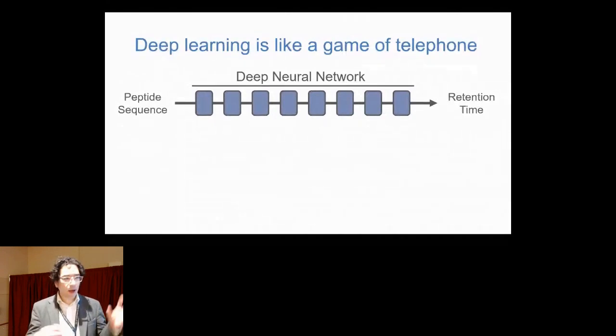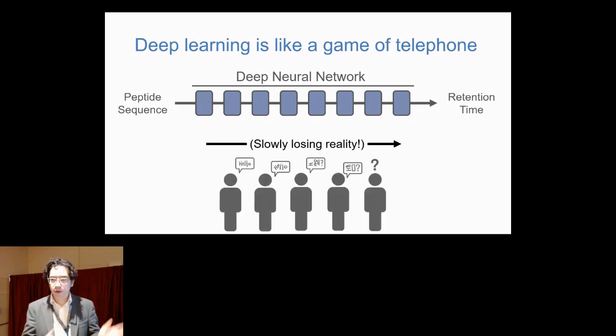You have a peptide sequence that you structure in a certain way and feed into the first layer of the network, which makes an interpretation, and you feed that interpretation into the next layer, and then make an interpretation of an interpretation, and so on. It's like a game of telephone where you slowly lose the concept of reality as you feed information from one layer of the network to the next.